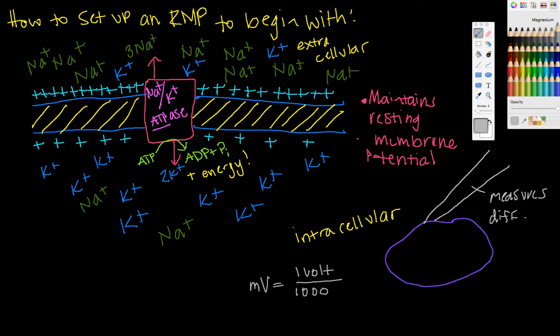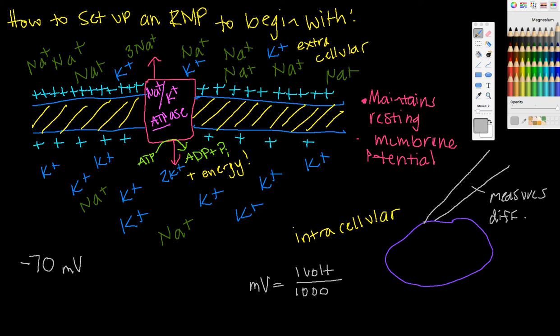So an average excitable cell has a resting membrane potential of about negative 70 millivolts, which means it's 70 millivolts more negative inside than it is outside. Or if you were to subtract the charge difference, there would be a difference of negative 70.